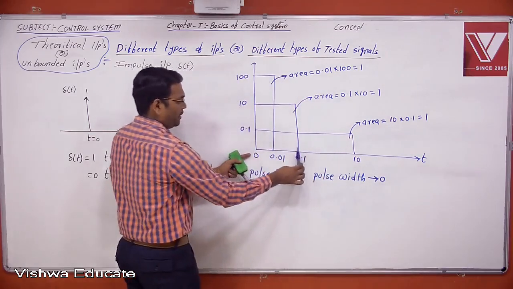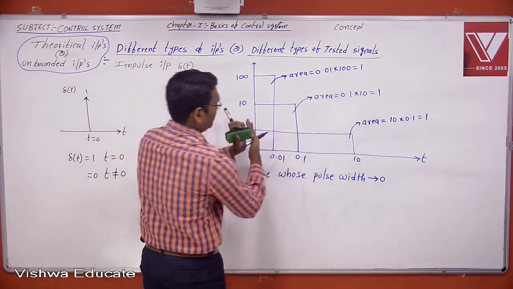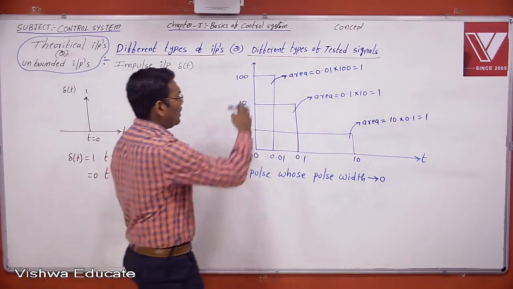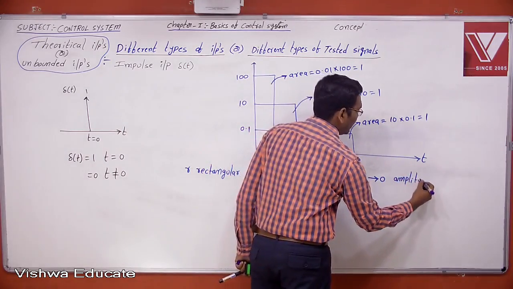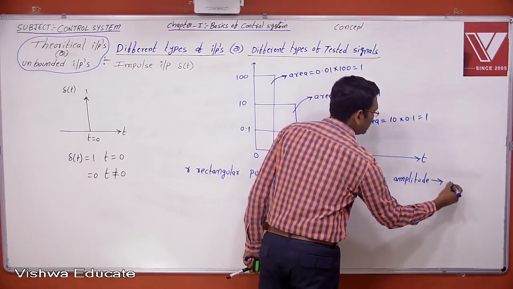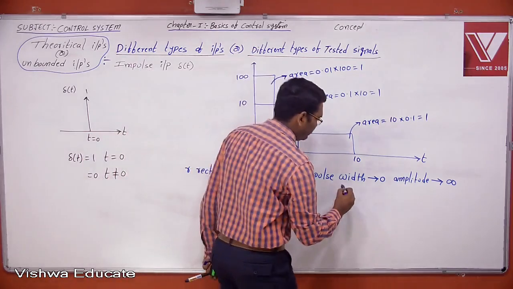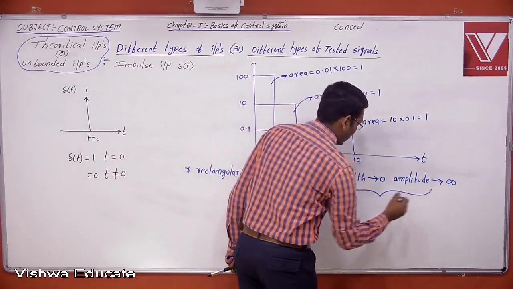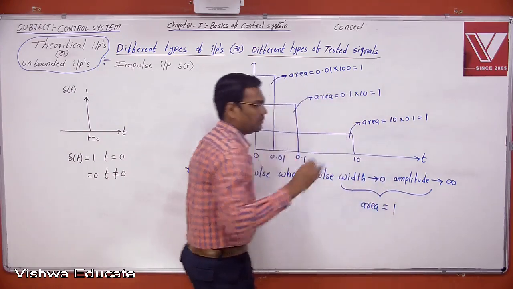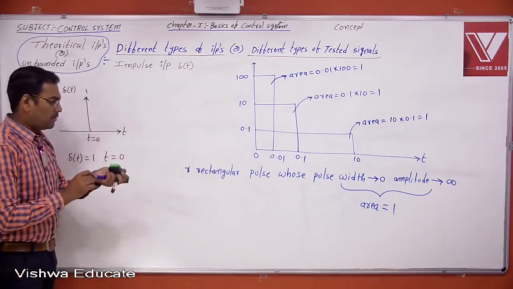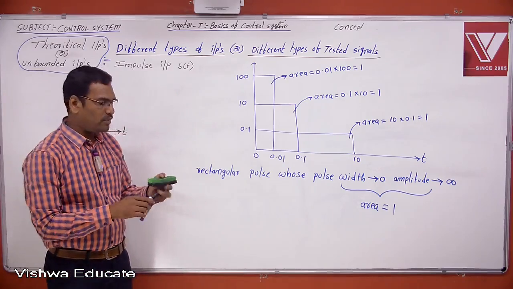Initially 10, 0.1, and now decreasing, this rectangular pulse width tends to 0, and the height or amplitude tends to infinity. But what about the area? This is the area, which is always 1.